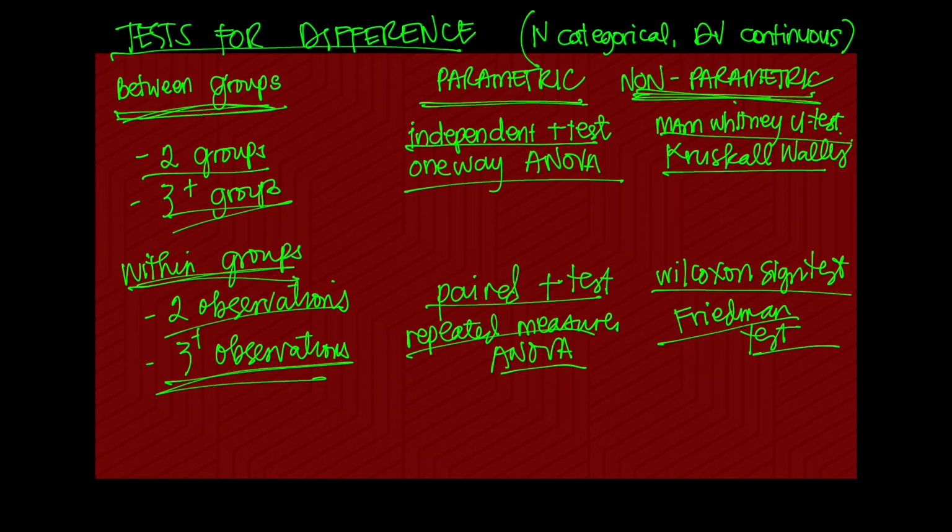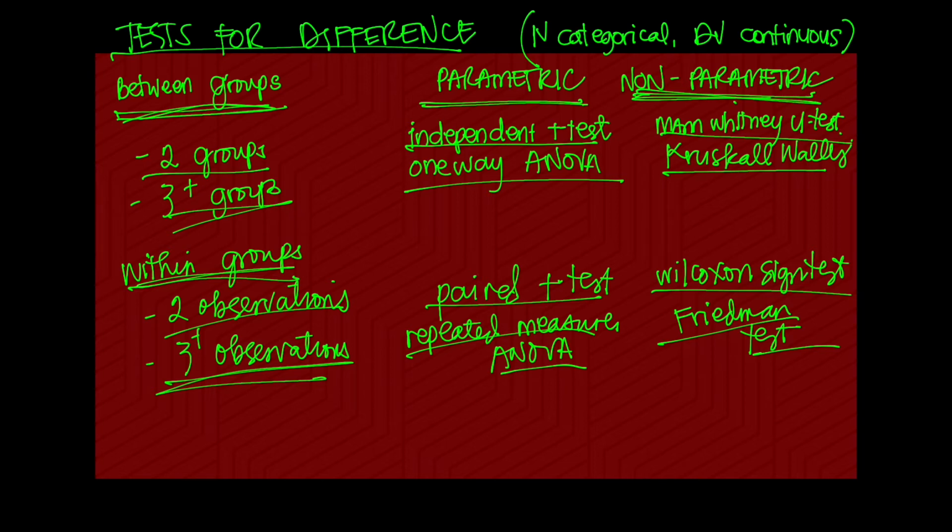For example, if you have an independent variable that's categorical and a dependent variable that's continuous, and then you have a second factor that you want to see whether or not it will influence the relationship between the IV and the DV, then you might be seeing a two-way ANOVA. In a two-way ANOVA, the first way is the IV, and the second way may be another independent variable or another covariate that you want to control for.